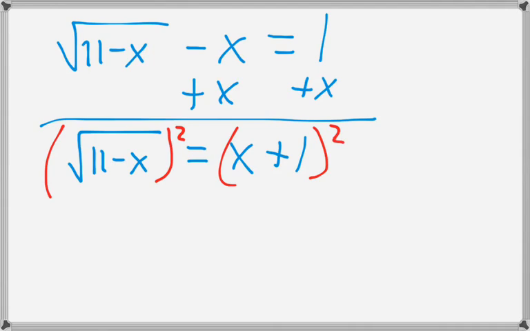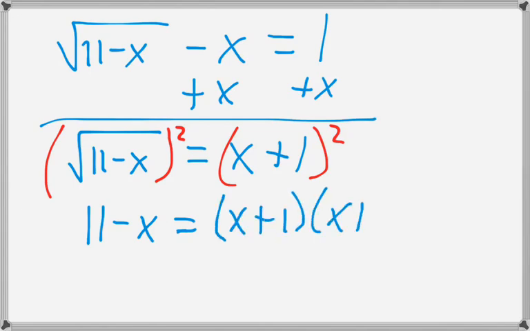So on the left side, we're just going to be left with 11 minus x. Now, be careful on the right side. We just saw that squaring each term is not the same thing as squaring the entire side. If we're squaring x plus 1, that means we're multiplying it by itself. So we're going to need to do some distributing on the right side there.